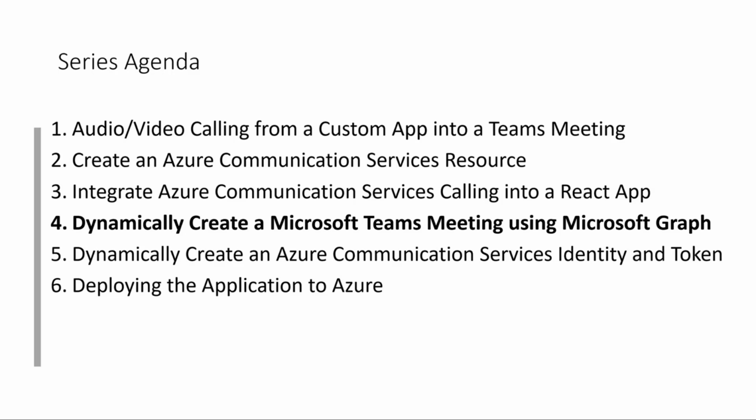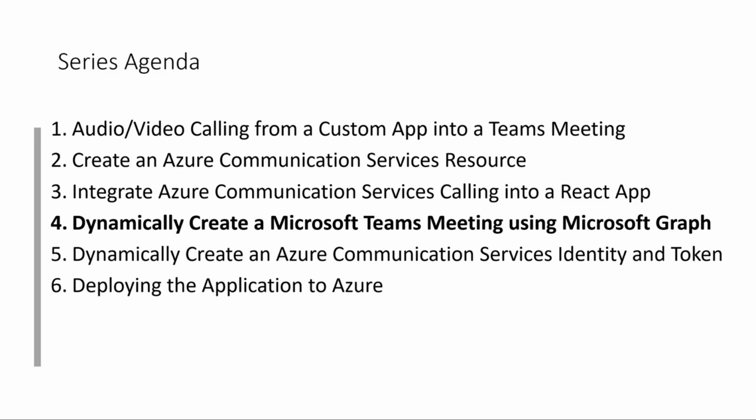In the second one, he showed how to create Azure Communication Service resource on Azure. And last week, he went through how to integrate ACS calling feature into a React app. If you're interested in diving into those sessions, you can go to the M365 community channel on YouTube and watch the recordings.